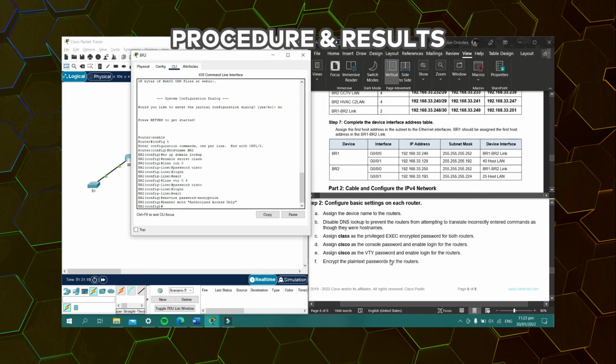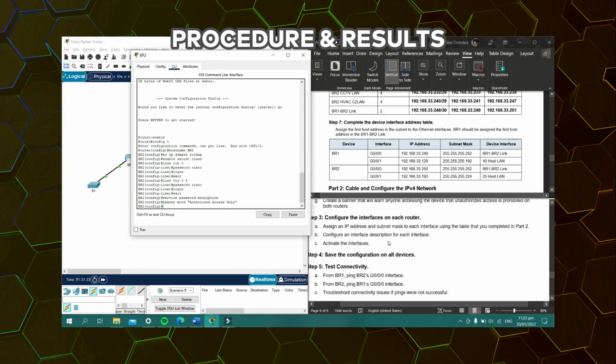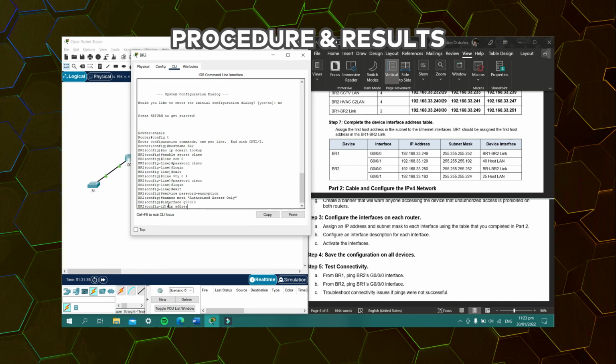So now that we are done with step 2, part 4, BR2, we configure the IP addresses. So first we will go to the interface G0/0/0 and enter the IP address for BR2.